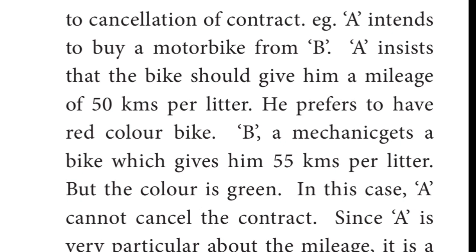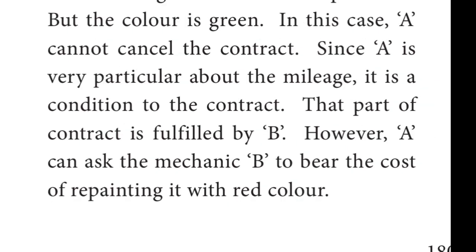Okay, the mileage is 50 only. So as per your condition, 50 kilometers is being met, but the blue color is not met. So what can be done? You can either cancel the contract or you can charge B for the color which you require.